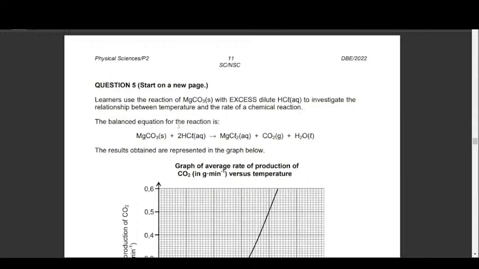The balanced equation for the reaction is, so you have magnesium carbonate giving you hydrochloric acid plus magnesium chloride plus carbon dioxide and then water. The results obtained are presented in the graph below. Average rate of production of carbon dioxide in grams per minute versus the temperature.